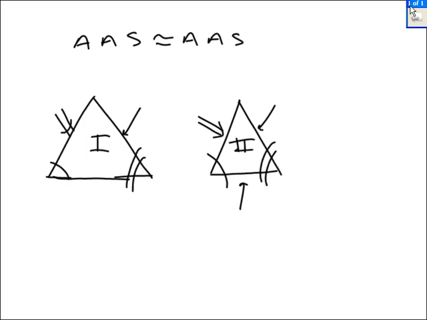You can take this triangle, although I must admit it doesn't look like it, and lay it on top of this one, and they would match up perfectly. Say AAS is congruent to AAS. If two triangles live up to that, these two triangles would be congruent.